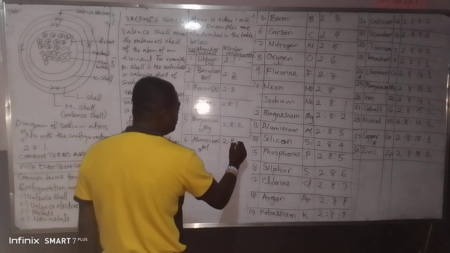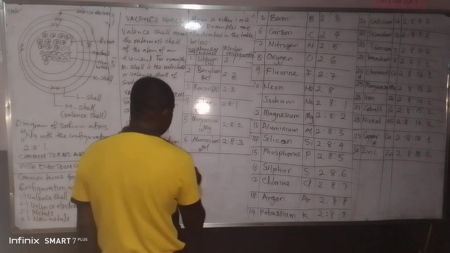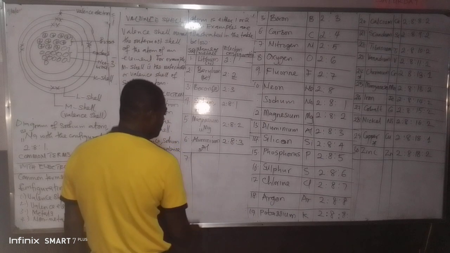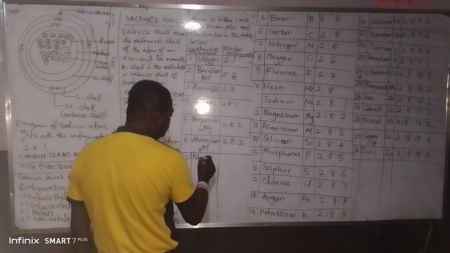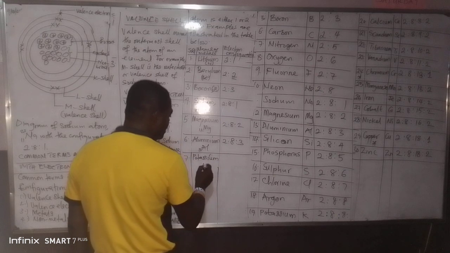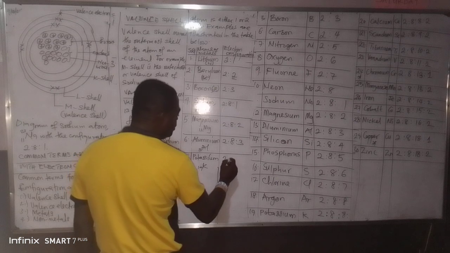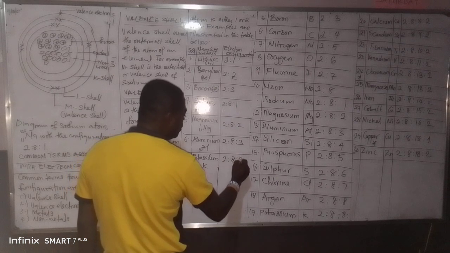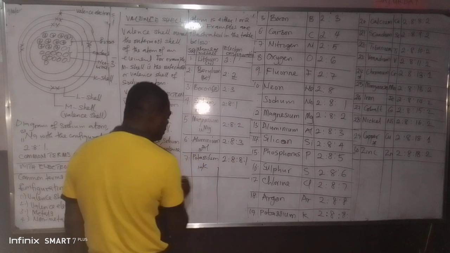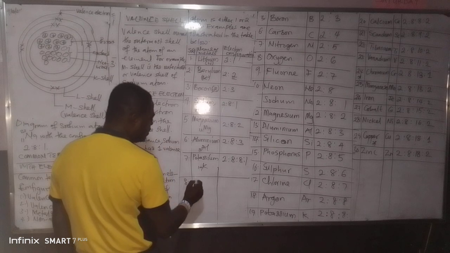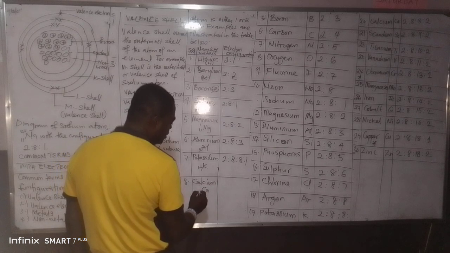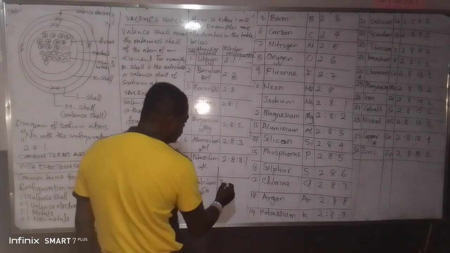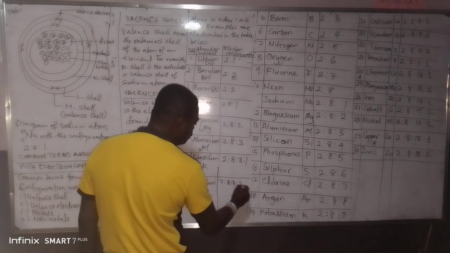That's 2, 8, 3. It's a metal. Then we have potassium, K19. This is 2, 8, 8, 1. Then you have calcium, Ca20, 2, 8, 8, 2.